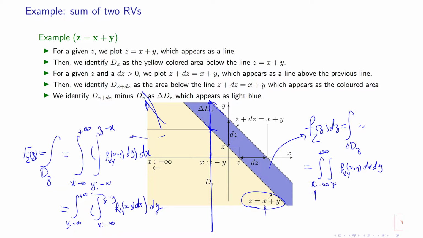From the lower line, solving this equation, I get y equal to z minus x, and from the upper one, y will become z minus x plus dz. So if you do the integral and then divide it by dz, you get your PDF. You see that drawing this diagram helped me to write the boundaries of the integral very correctly.